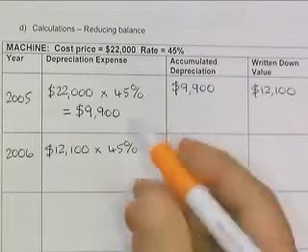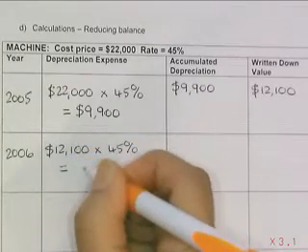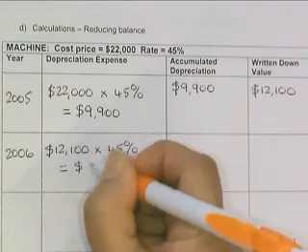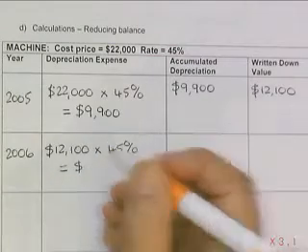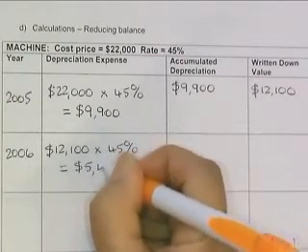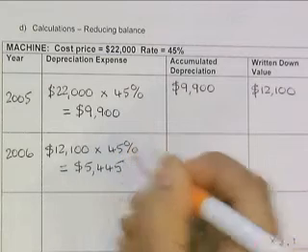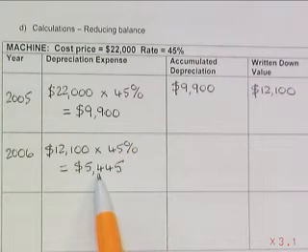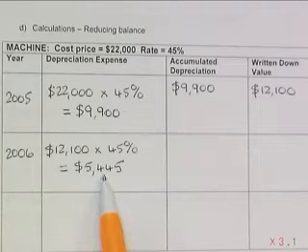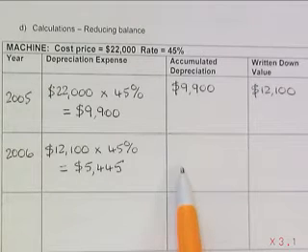And I've calculated this already just to save us some time. That will give us an amount of $5,445. So in year two, the year ending 31st of December 2006, we will debit depreciation expense $5,445 and we'll credit accumulated depreciation $5,445.